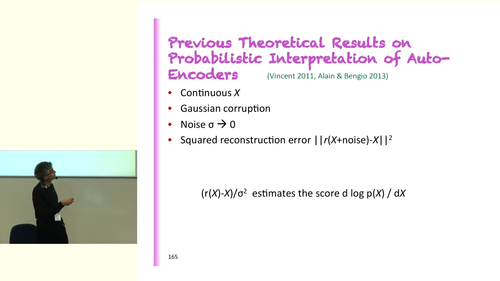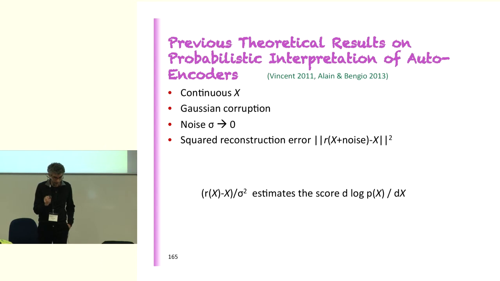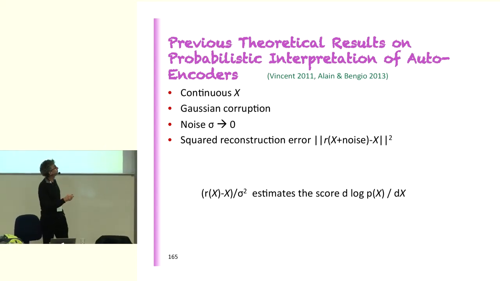Actually, there was a first one with Vincent's work with score matching, but it required a particular parameterization. This one works for any continuous inputs, so it doesn't tell anything about discrete inputs. In fact, the derivative of the probability with respect to the input doesn't make sense if x is discrete.